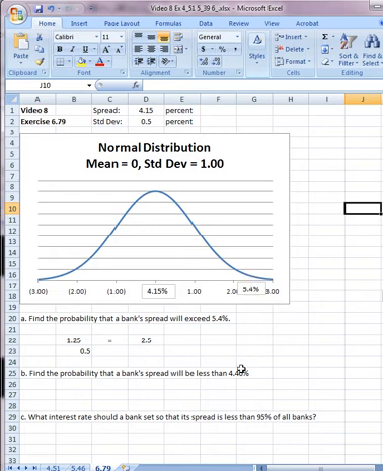So I'll type that in here, 0.9938, which is the value from the table.